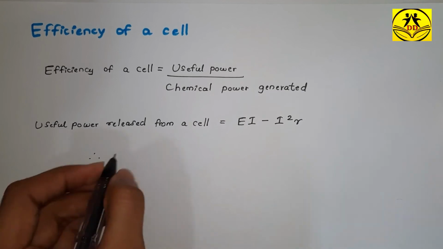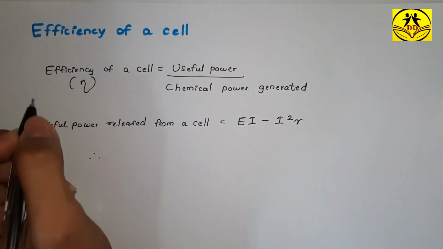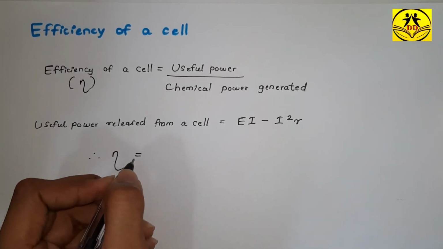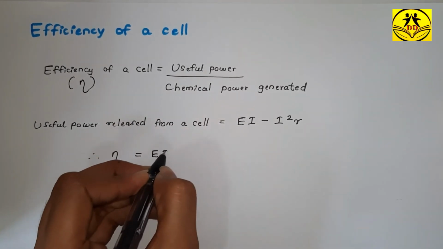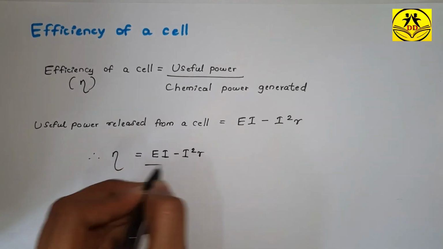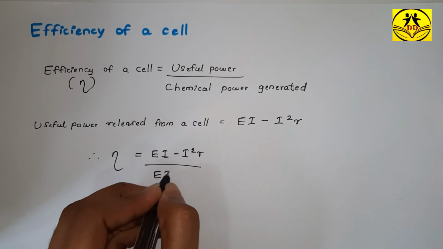Therefore, the efficiency of a cell, we denote it by eta. So eta will be equal to useful power, which is E capital I minus I squared r, over the chemical power generated by the cell, which is EI.